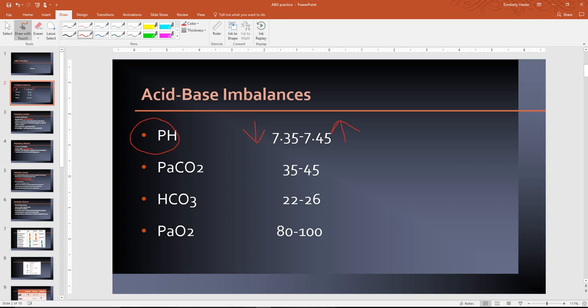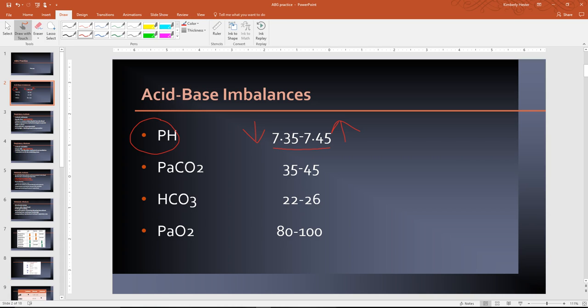So all of your cells and your organs function best when the pH level is between 7.35 and 7.45. So we're talking about an acid-base balance, okay? It's got to be balanced on the pH in order for your cells and your organs to work well.